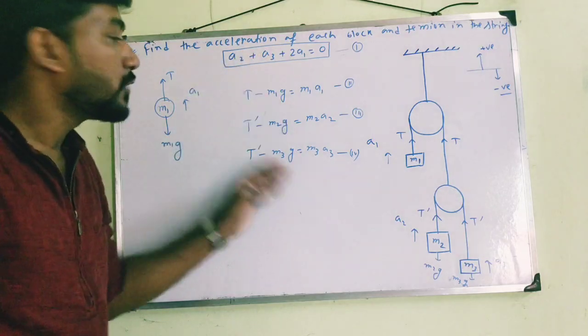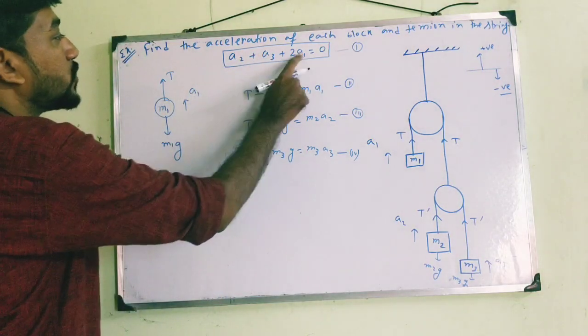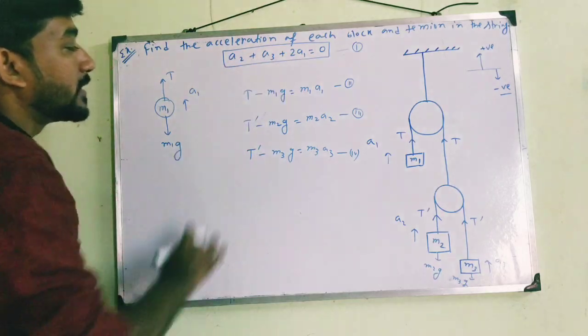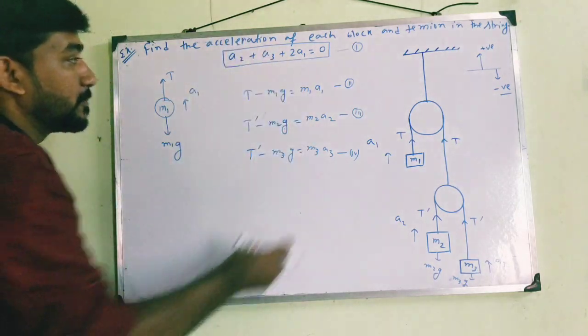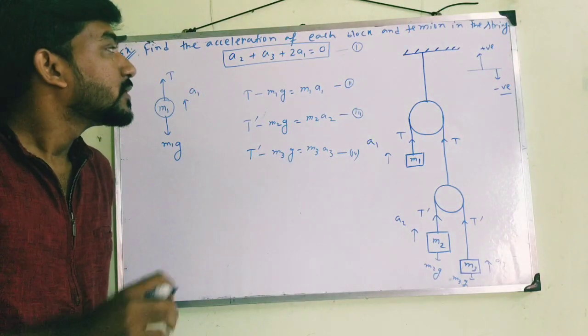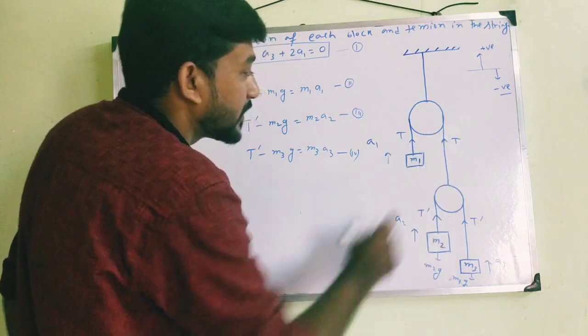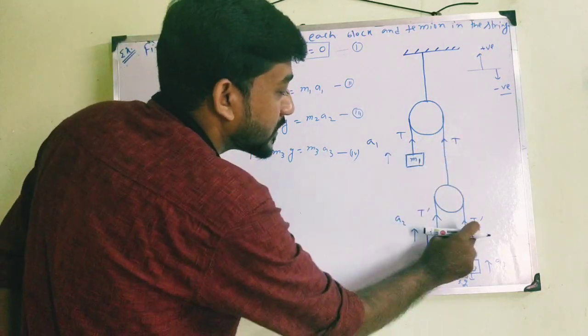Now we have 4 equations in our hand, and there are 5 variables, that is 1, 2, 3, 4 and 5. There are 5 variables, but we have only 4 equations, so we cannot solve. So we need one more equation, and that we will get from here: this is T and here is T prime.